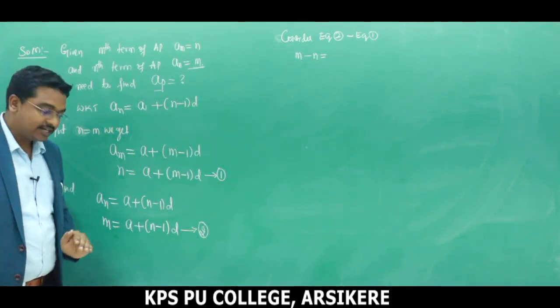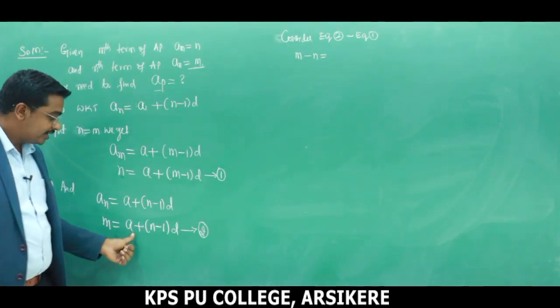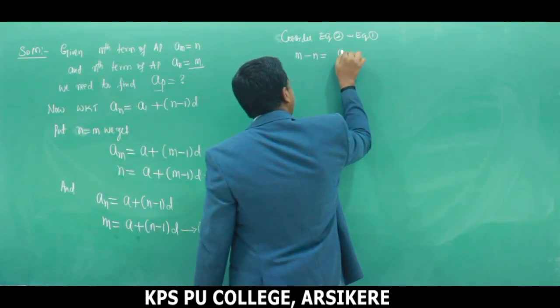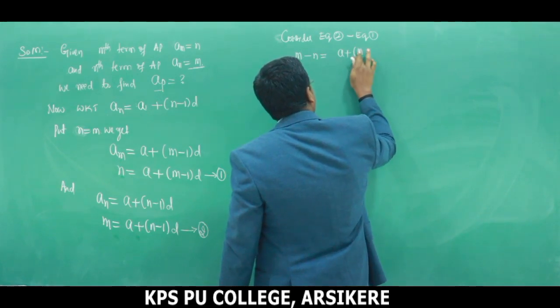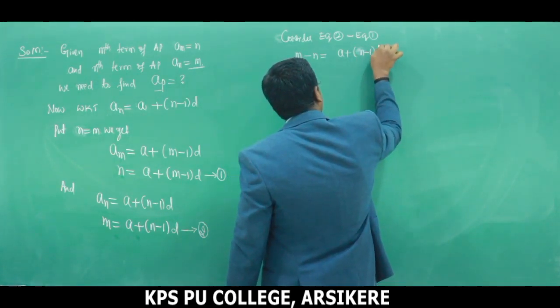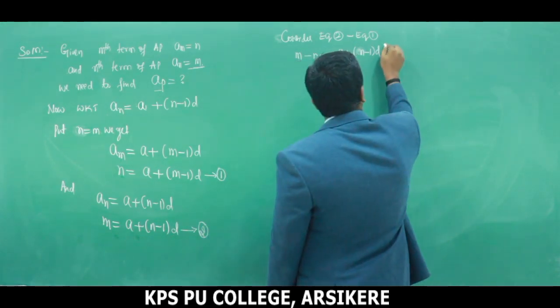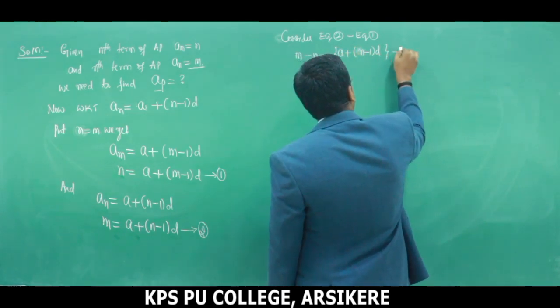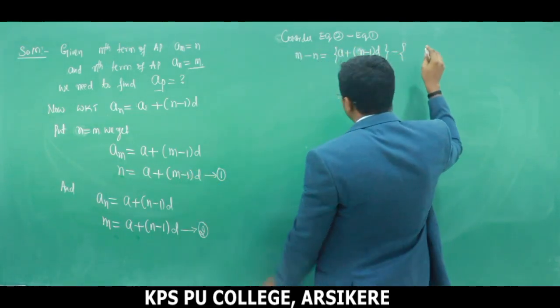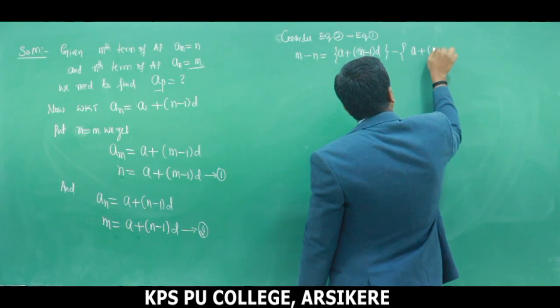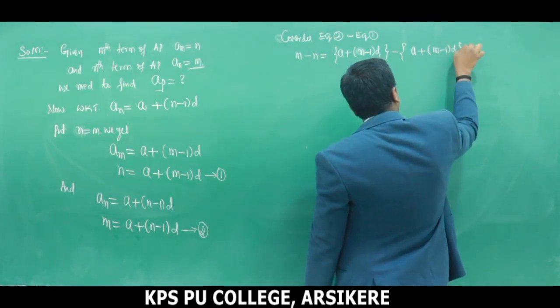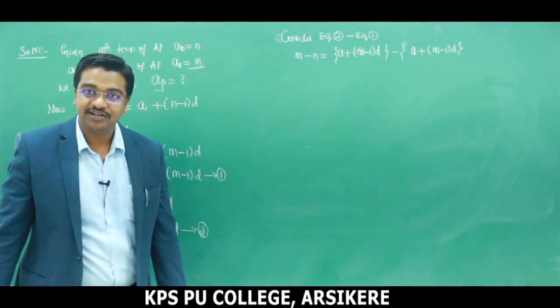Now come to the right hand side. The right hand side terms are a plus n minus 1 into d for the first term, minus the second term, a plus m minus 1 into d.